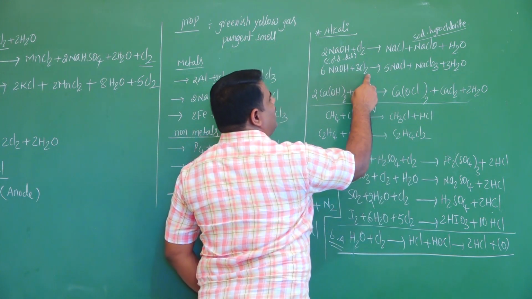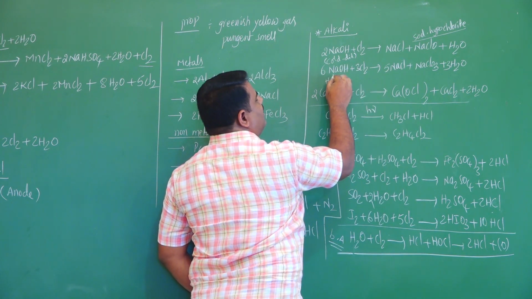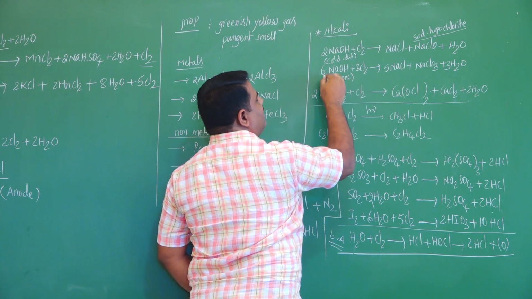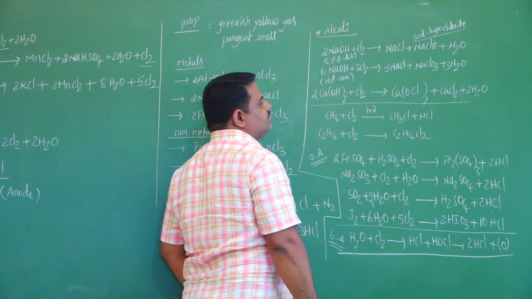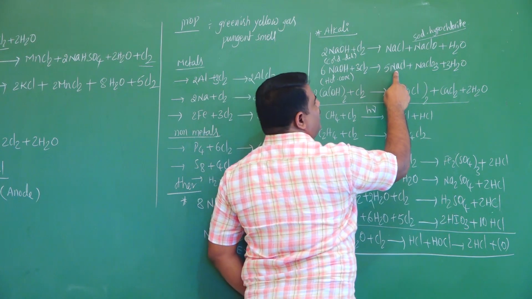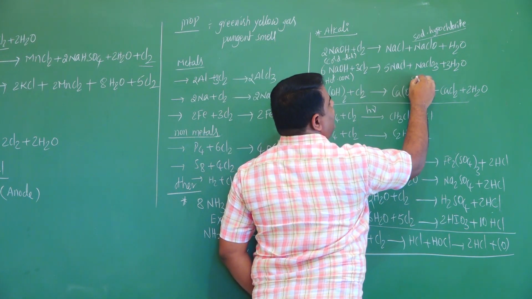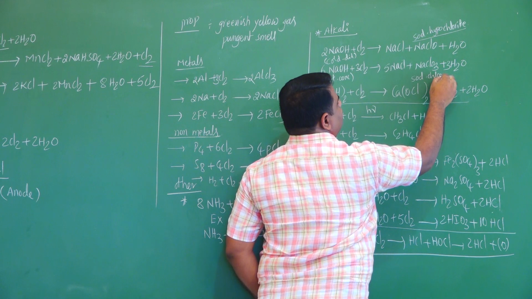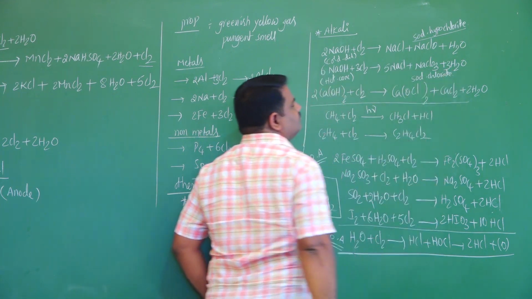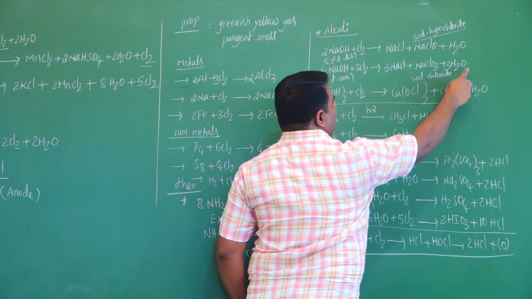Now when chlorine reacts with hot and concentrated sodium hydroxide, it gives sodium chloride and sodium chlorate. And a byproduct is water.